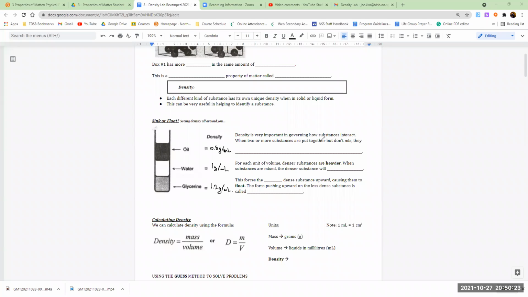When two or more substances are put together but don't mix, they separate. For each unit of volume, denser substances are heavier. When substances are mixed, the denser substance will sink. This forces the less dense substance upward, causing them to float. The force, this invisible thing pushing upwards on the less dense substance and allowing it to float, is called buoyancy.